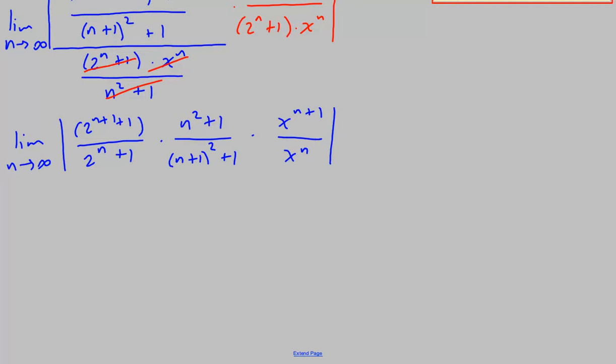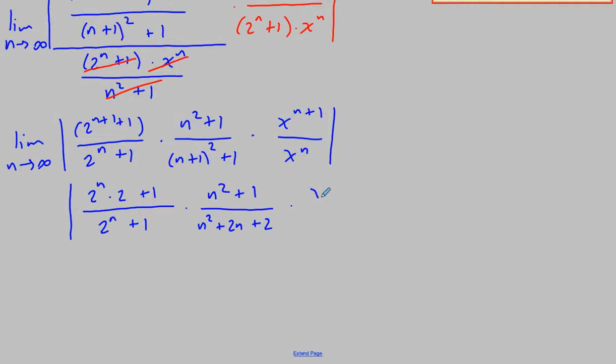So here we go. In the first piece, we're going to really be looking at 3 separate parts here. 2 to the n plus 1, we know what that is. That's 2 to the n times 2 to the 1, or just 2, and then plus 1, divided by 2 to the n plus 1, times n squared plus 1 divided by, if we multiplied this out, n squared plus 2n plus 2.